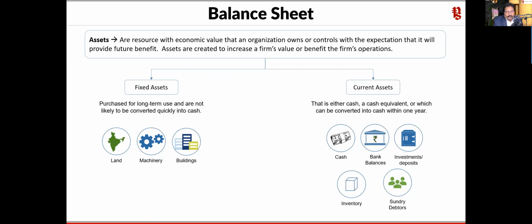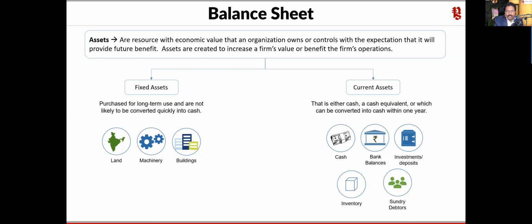So, in this session, we will be discussing the second part of your financial statement, that is your profit and loss account. Now, in the previous session, we understood the components of the balance sheet, and in the last session we discussed the various components or sub-groupings of the assets.